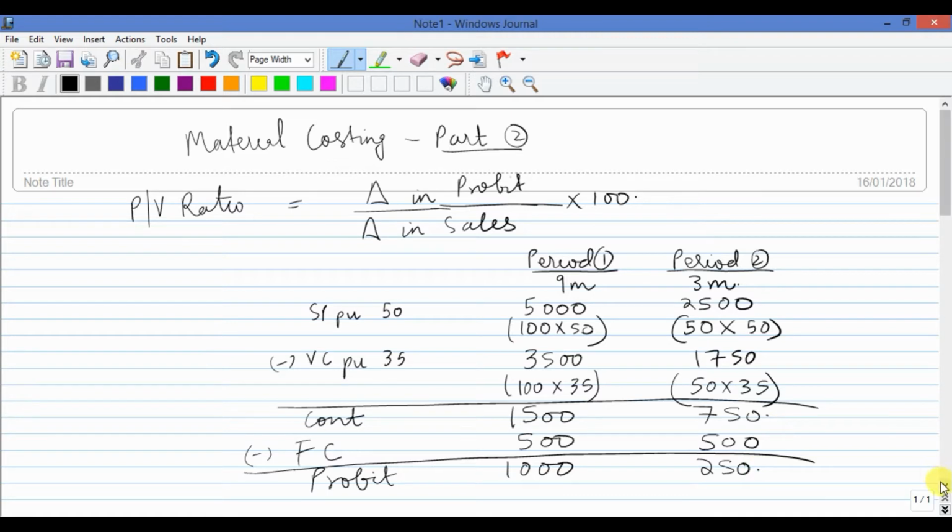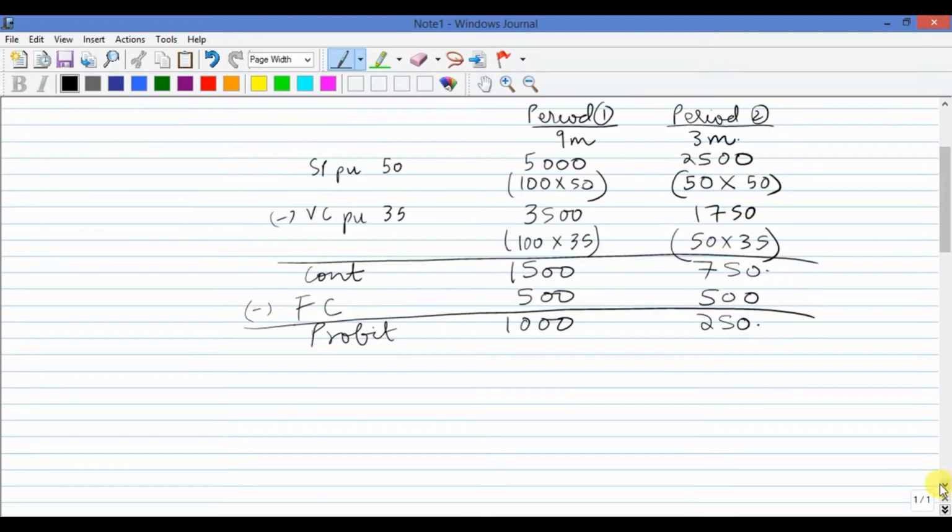Now friends, pay attention. I'm going to calculate the profit volume ratio, which is nothing but contribution divided by sales.